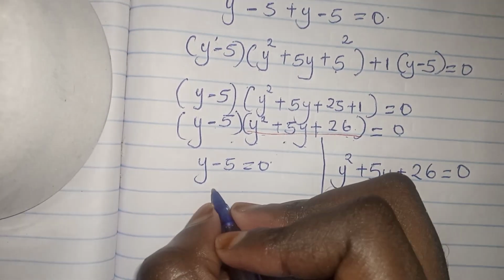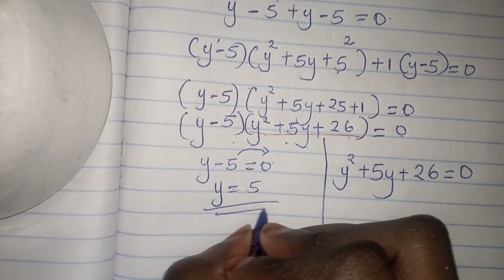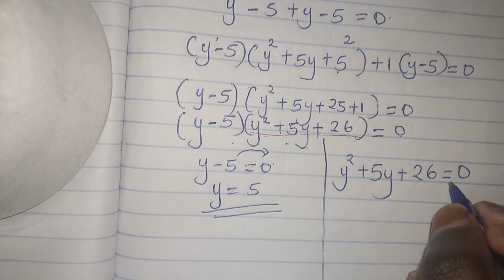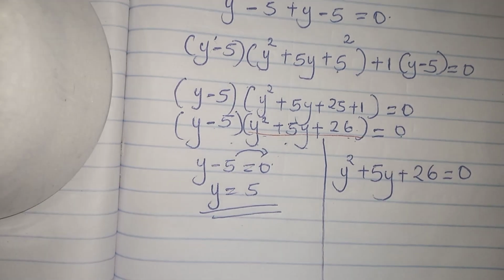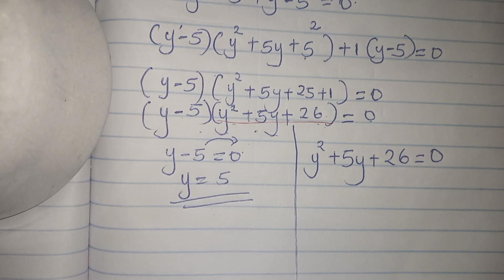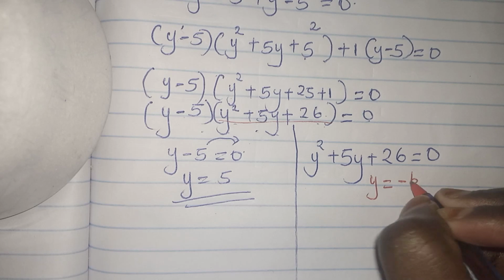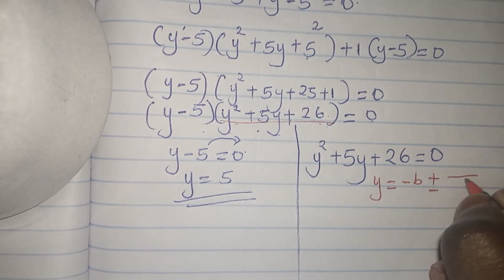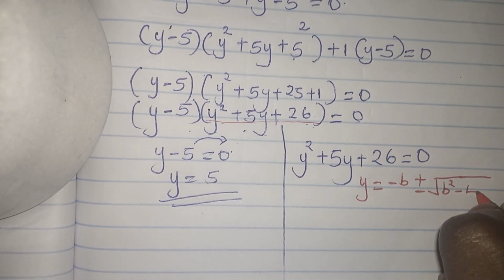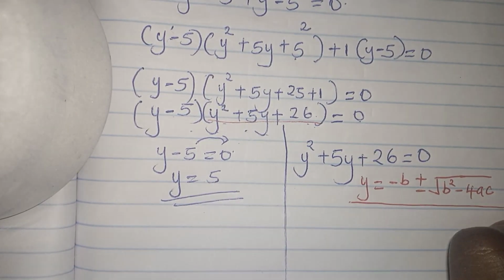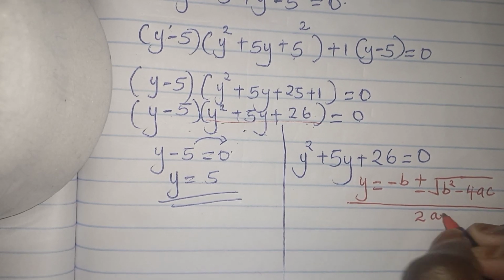Okay, so here y is equal to 5. Bringing this 5 to the other side, y is equal to 5. This other side has formed a quadratic equation. We can solve it using the quadratic formula, where we have y is equal to negative b plus or minus the square root of b squared minus 4ac, all this divided by 2a.